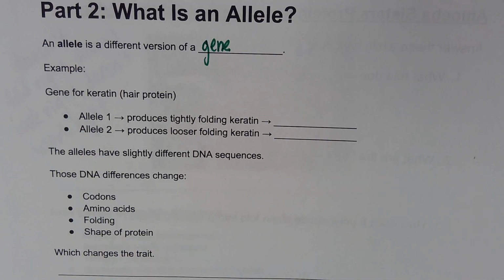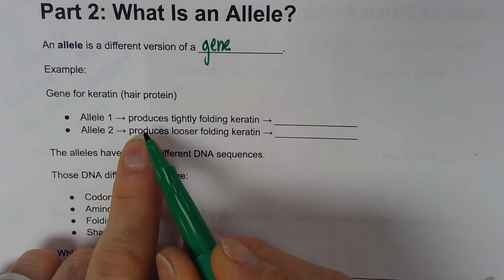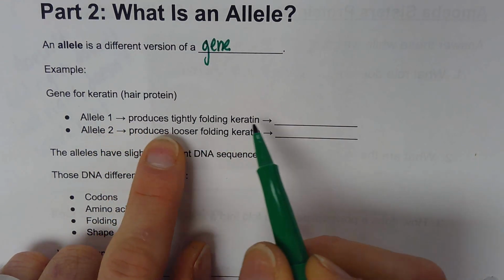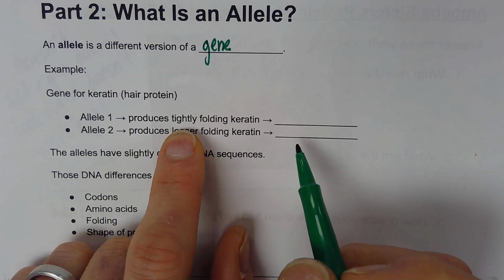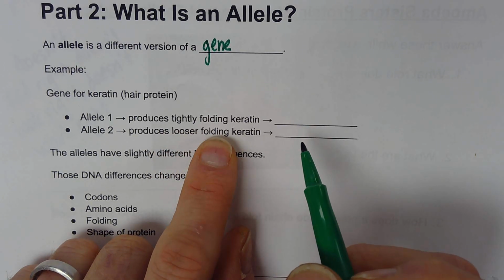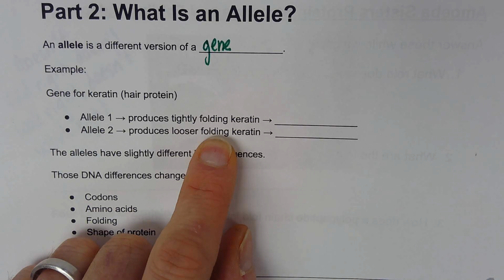We're going to talk about one that's harmless. Doesn't hurt your body. It's not going to change your life expectancy. It's not going to cause any symptoms. It is going to cause a different trait. So there is an allele that produces tightly folding keratin. Keratin is just the protein in your hair that gives it the structure.